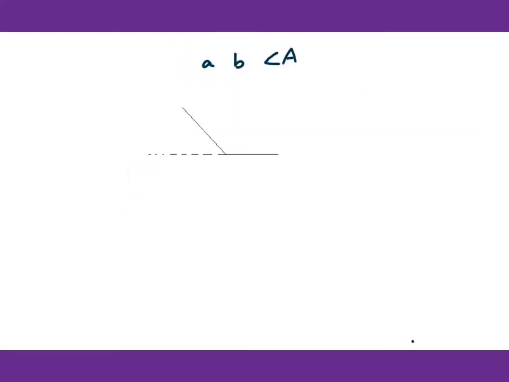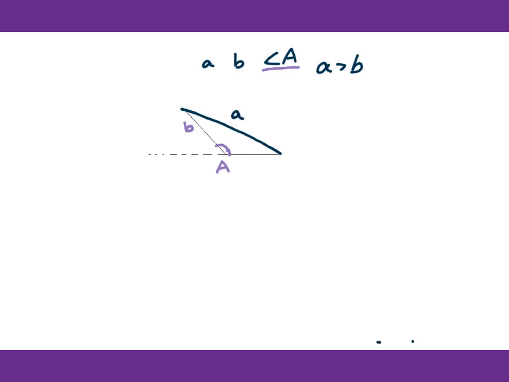Let's discuss when the given angle is an obtuse angle. This is A, and this is b. You have to make sure this a is greater than b, then you can form one triangle.